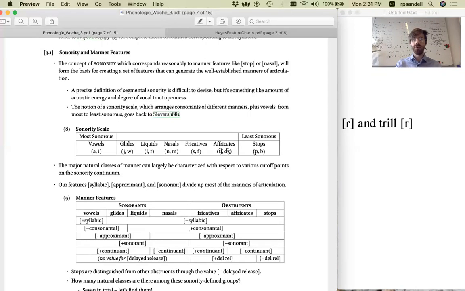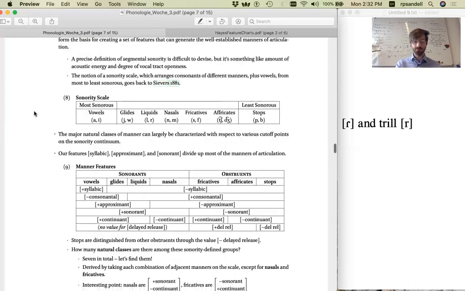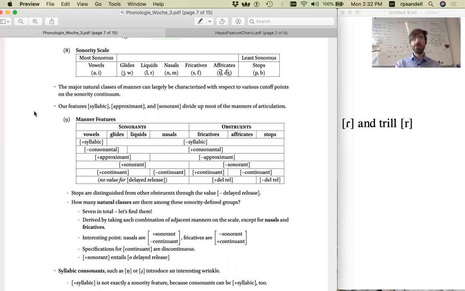A lot of persons would also further make a division based on voicing, seeing voiceless sounds as less sonorant than voiced sounds, but we can move along manners from stops, affricates, fricatives, nasals, liquids, glides, all the way to vowels to go from least sonorous sounds to progressively more sonorous sounds. So the major natural classes of manner of articulation can then be characterized with respect to various cutoff points, various divisions in this sonority continuum.